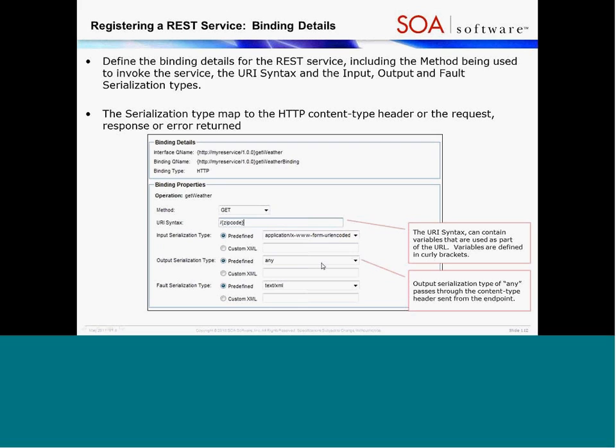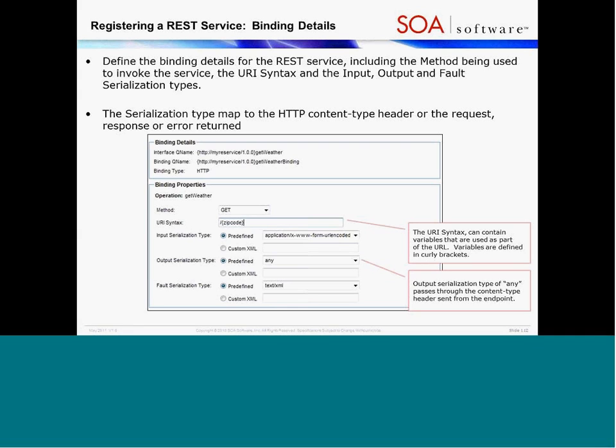Now, this here can affect mediation. For instance, if your back-end service is actually returning XML and you want this to be returned to the consumer as JSON, you can actually select application/JSON.